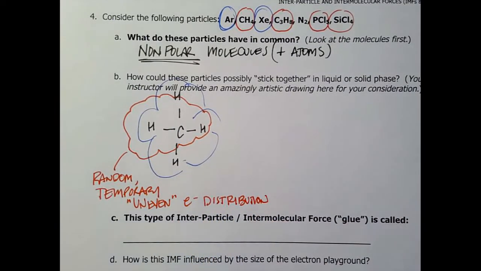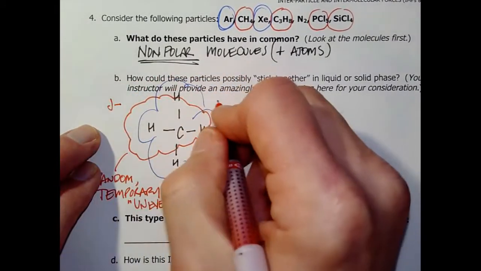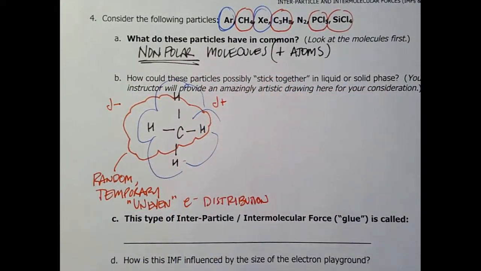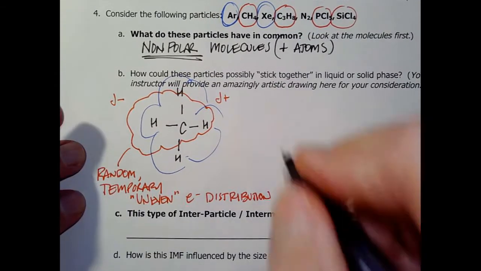Just for 1/1,000,000th of a second, all the electrons are on one side. Well, that means just temporarily, I get that. Okay. Well, what about the molecule next to it?